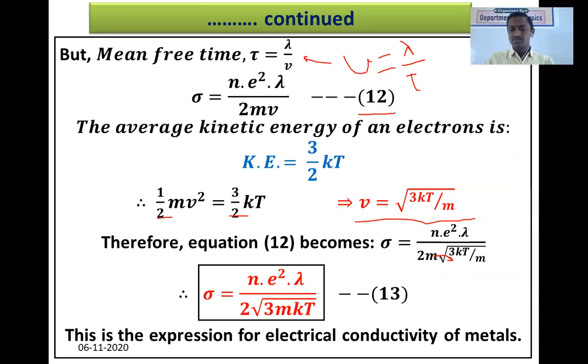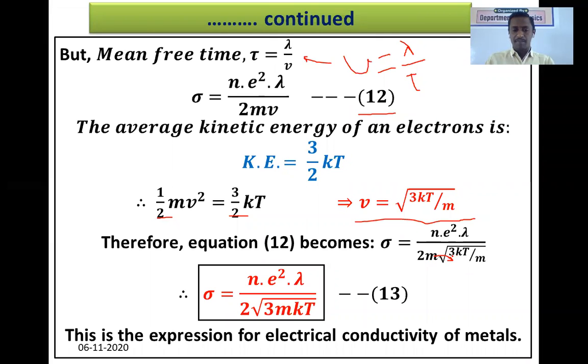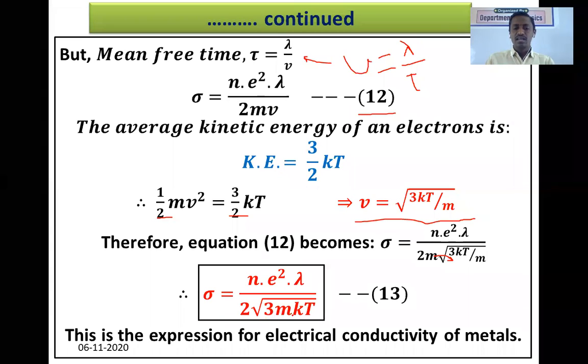So the equation becomes 3kT m square upon m, where the m's get cancelled, and it becomes under root of 3kTm. So the expression becomes sigma equals n e square lambda upon 2 under root of 3 m kT. So this is the expression for the electrical conductivity of metals.